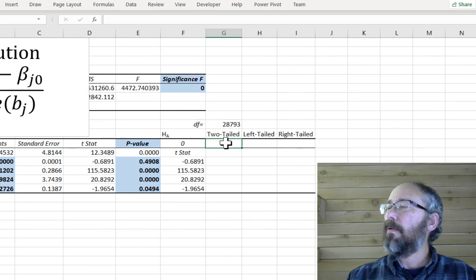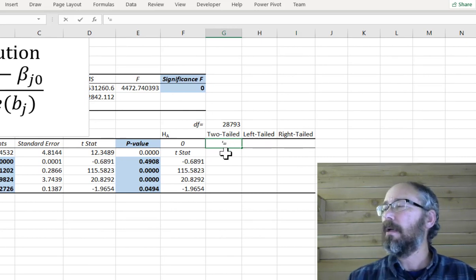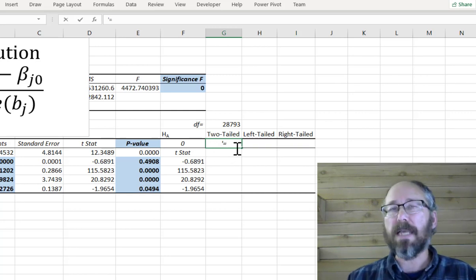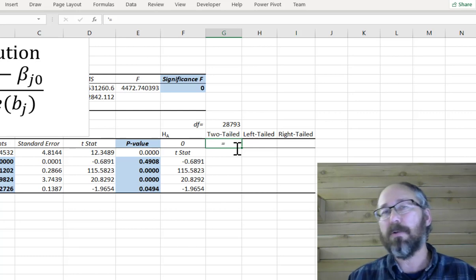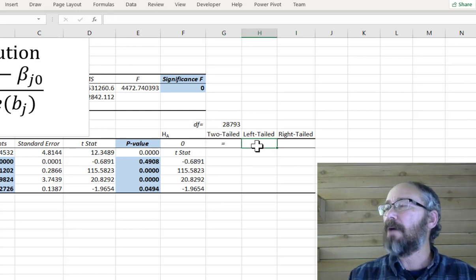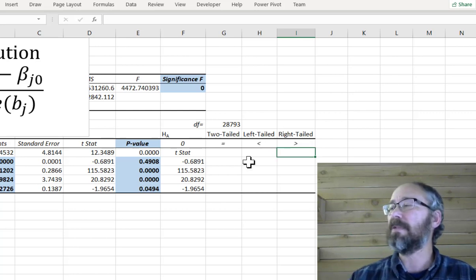As a reminder, the two-tailed has an equal sign here in the hypothesis. Notice that when I want the equal sign to display, I have to put a single quotation before it. That allows Excel to interpret it just as the equal sign. Otherwise, when I type equal, it expects a formula. And I'll do that as well with the less than and the greater than signs, which are the signs that we use if it's a left-tailed or right-tailed test.